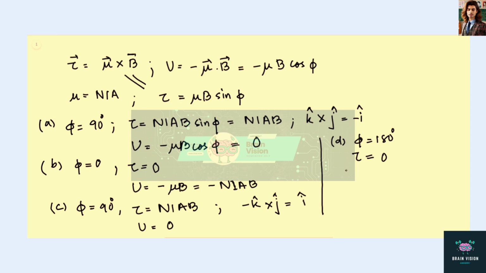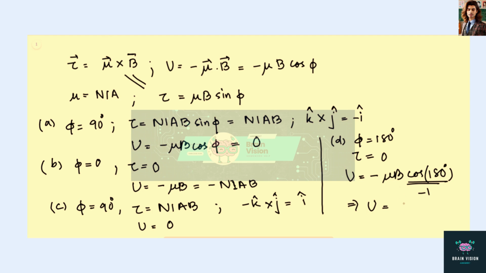And the potential energy is going to be mu b cos of 180 degrees, which is basically minus 1. So minus minus becomes plus, and this gives the potential energy U equal to n times I times A, that is mu, times the magnetic field.